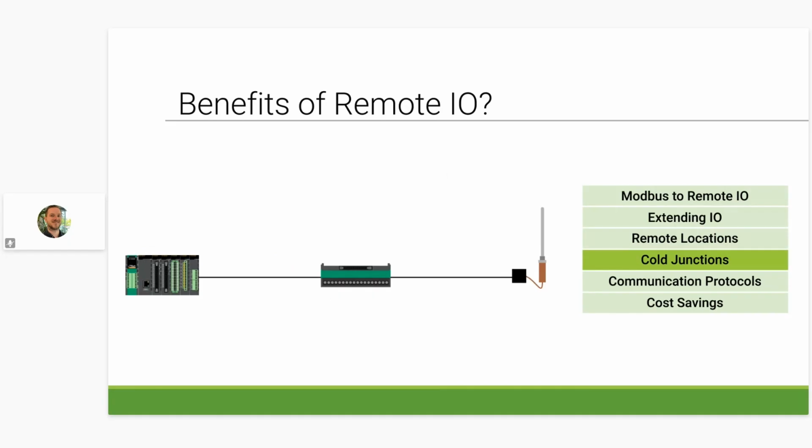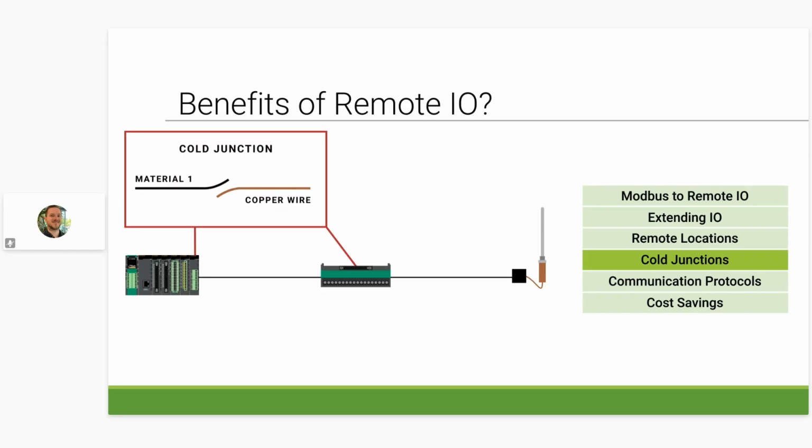Each time the thermocouple wires, made of dissimilar metals, connect to copper terminals such as those found on PLC or local I/O modules, a new cold junction is created. Every additional cold junction introduces the potential for inaccurate readings due to temperature variations at those connection points. These inaccuracies can ripple through the system, causing bigger problems for the entire facility.